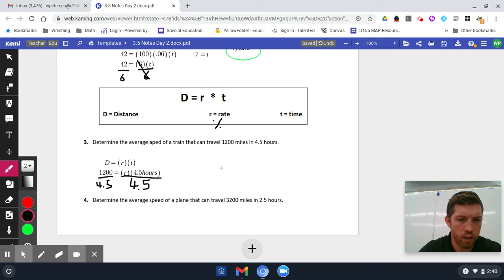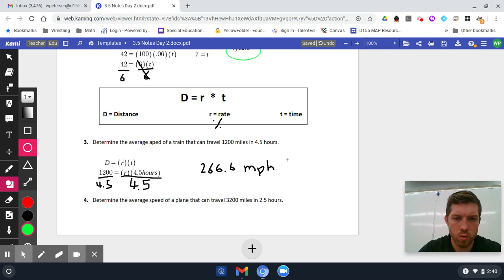So we go ahead and do that in our calculator, and you're going to get 266.6. And now we know that's going to be miles, and that is per hour. And so all we had to do there is some simple division to find out that it was going to be 266 miles per hour. We have to travel at that speed in order to cover 1,200 miles in 4.5 hours.